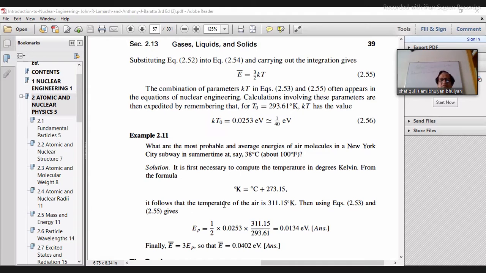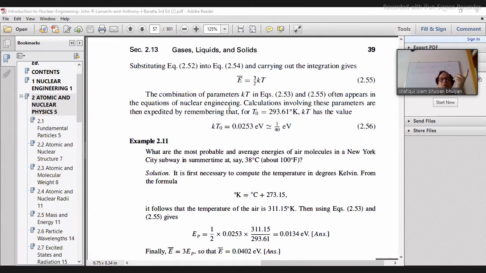You can just calculate. T in kelvin will be 38 plus 273, you know. So the temperature of air is 311 K. And then for EP, you just use this equation.